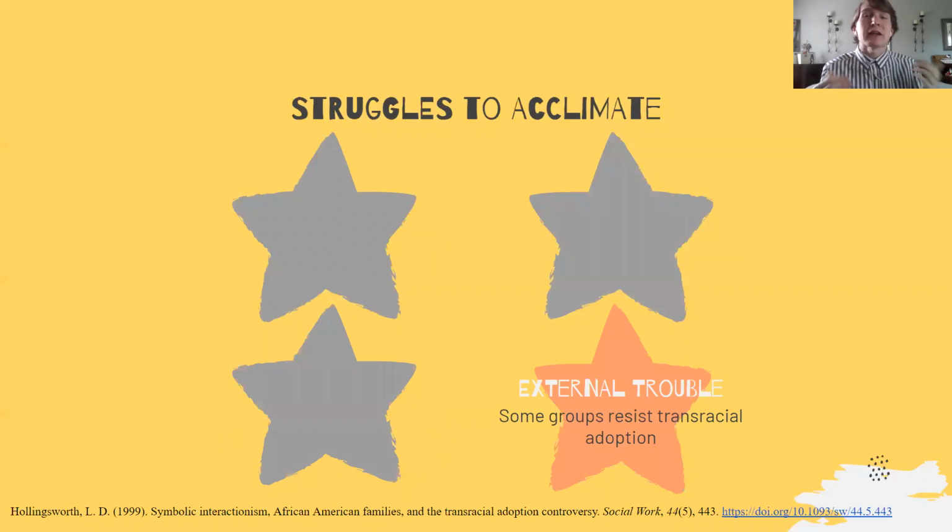And despite all that, there is some resistance against adoptions from external parties. Specifically, transracial adoptions have a clear external force pushing against them because they believe that the child is being removed from their parental culture and supplanted into a new culture, being cut off from that parental culture.